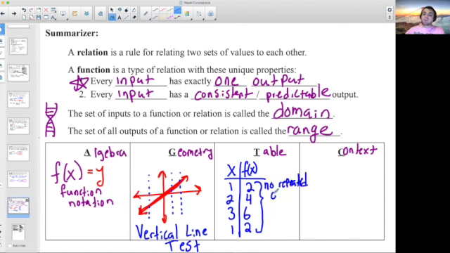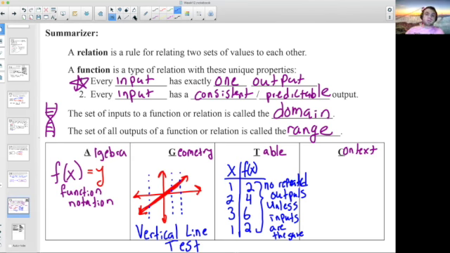So what we're looking for is no repeated outputs unless the inputs are the same. So what I'm saying is when you plug in a number, you're not going to have the outputs repeating, right?